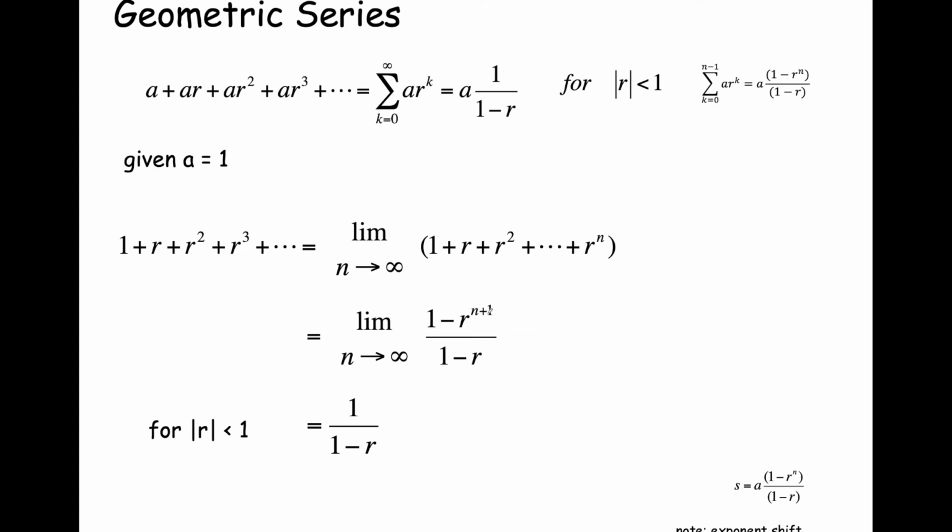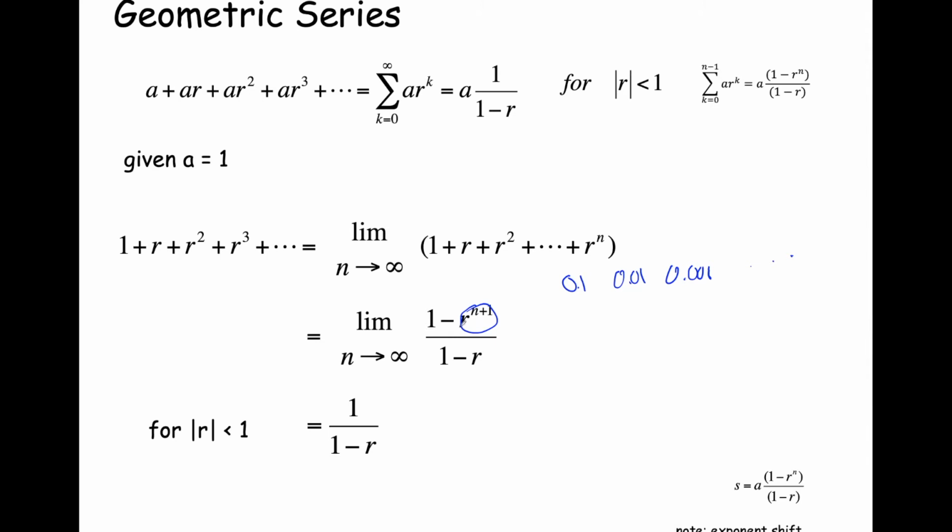So why is that? Well, if r is less than 1, each time we multiply something less than 1 by itself, it gets smaller and smaller. So we could see this if you had 0.1, you multiply by 0.1, it's 0.01, multiply by 0.1 is 0.001. And if you do that n many times, as n goes to infinity, well, this term goes to 0.